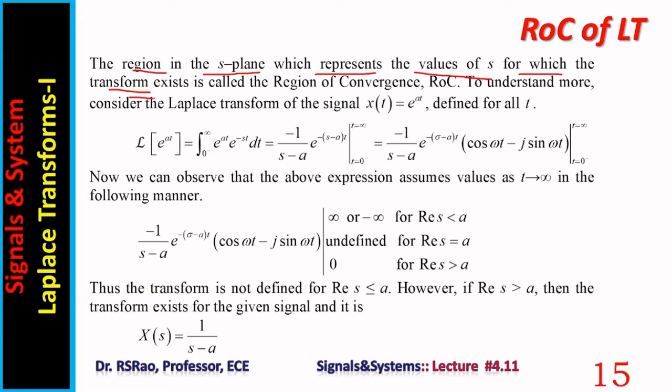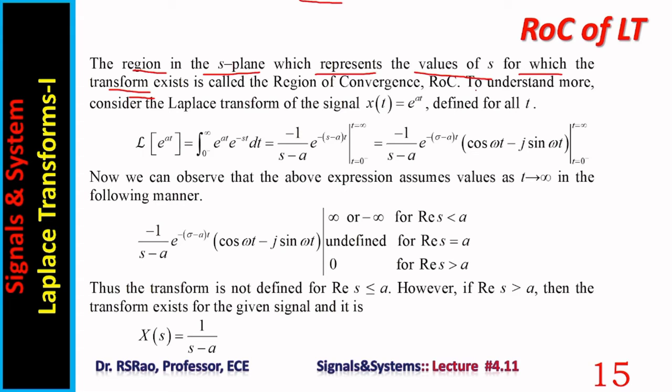But the fact is, the transform exists only for certain signals and only for certain values of s, that is complex frequency. These values, when located on s-plane, form a region. This region is called region of convergence. Note, region of convergence depends upon the signal function. It means it varies from signal to signal.